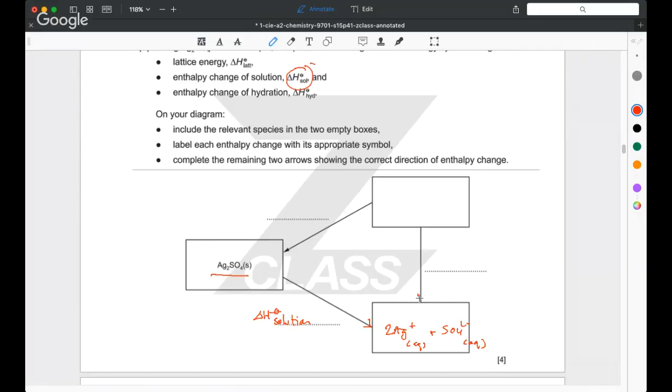This one down here, you can take the ions in the gas phase. That's why it's important to put in the state symbols, and the sulfate ion in the gas phase. And that, when you're converting the ions in the gas phase to they're fully hydrated here in solution, that's the standard enthalpy of hydration, isn't it?